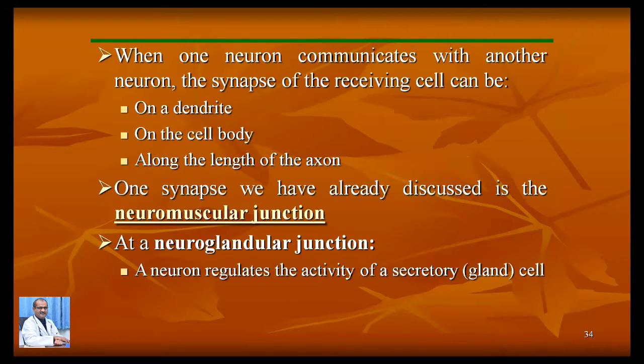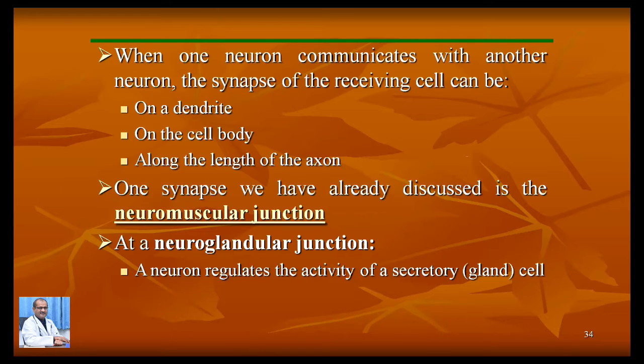When one neuron communicates with another neuron, the synapse on the receiving cell can be on a dendrite, on the cell body, and also along the length of the axon. Anywhere it can be connected. One synapse we already discussed is the neuromuscular junction.